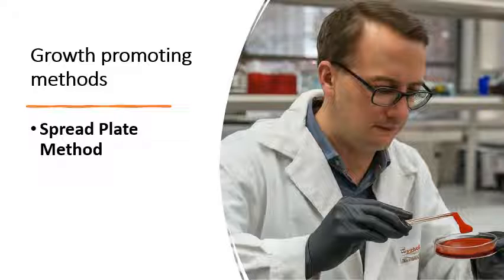After solidifying, then the same quantity of the culture, depending on the procedure, sometimes we can have 1 ml or 0.1 ml, is added on the surface of the agar. Then with the use of a glass spreader, the culture is now spread. Remember, the organism has been diluted by your serial dilution.